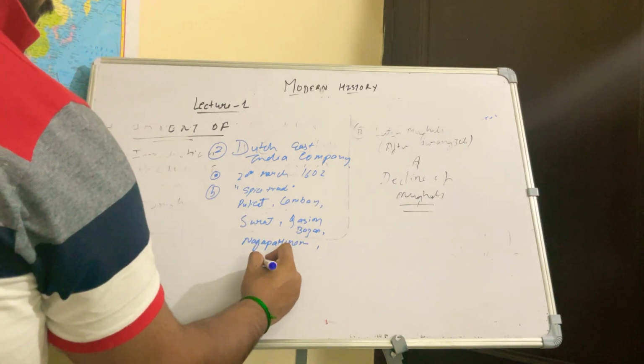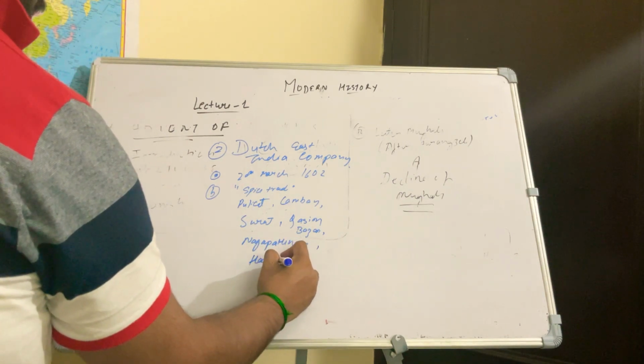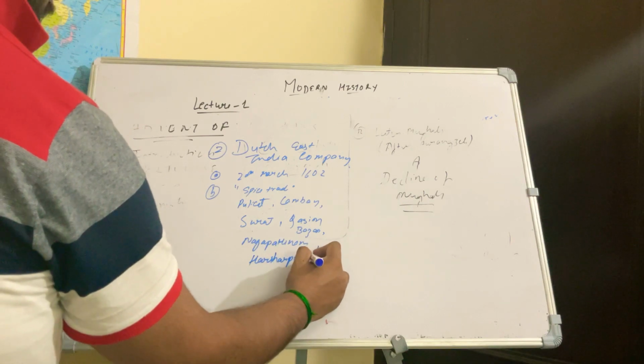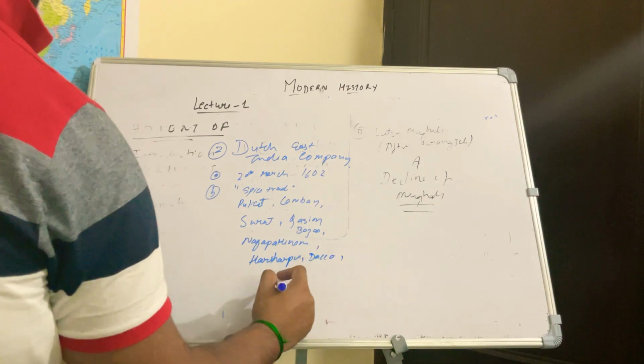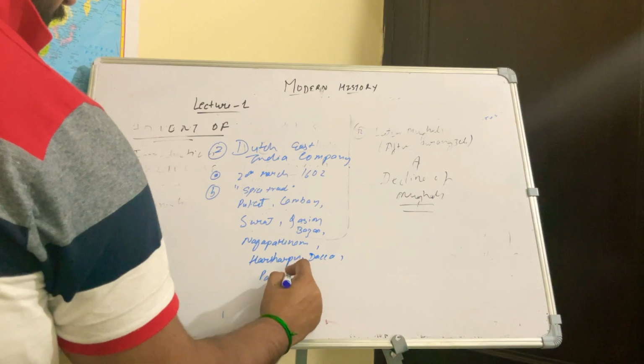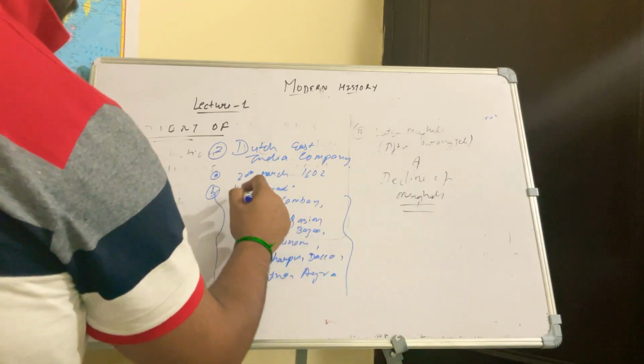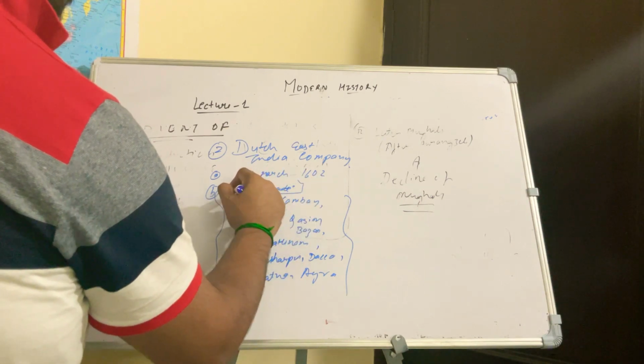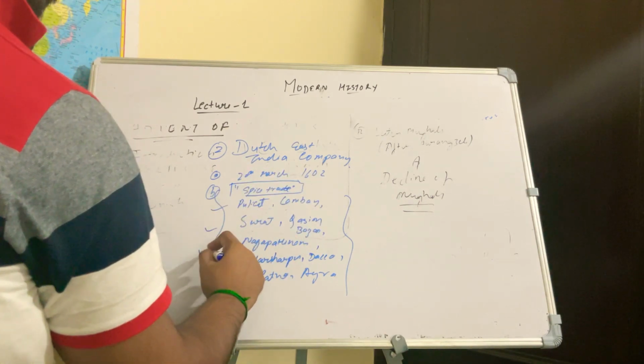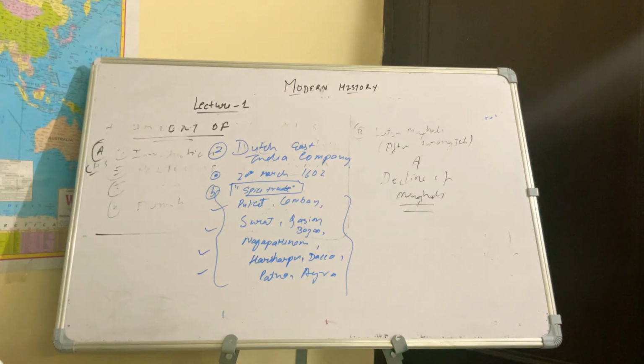Then Hariharpur, Dhaka, Patna and Agra. Please write. They were specifically into spice trade only and these were the areas in which they established their trading centers.